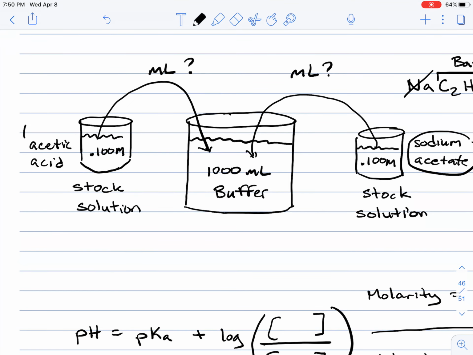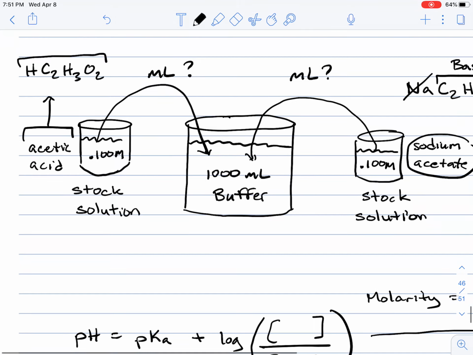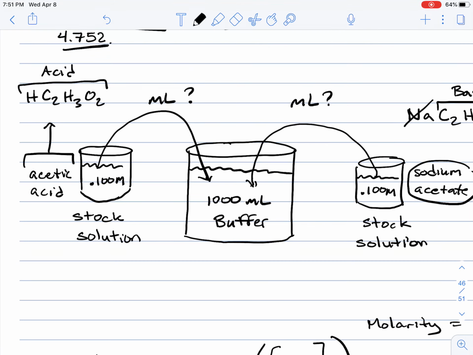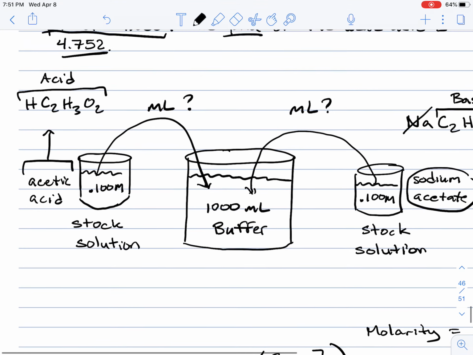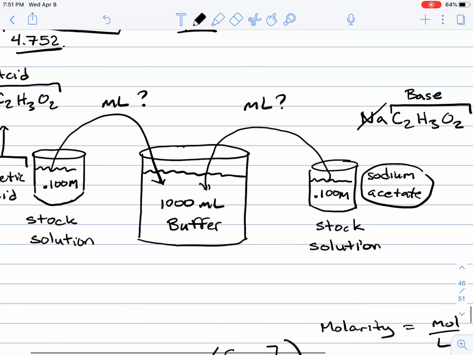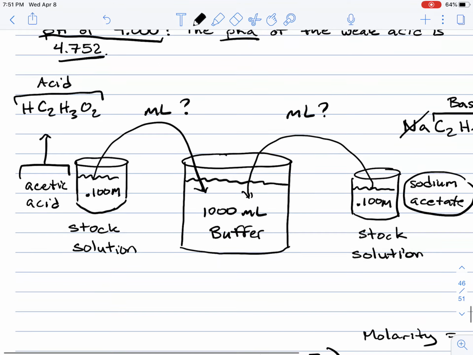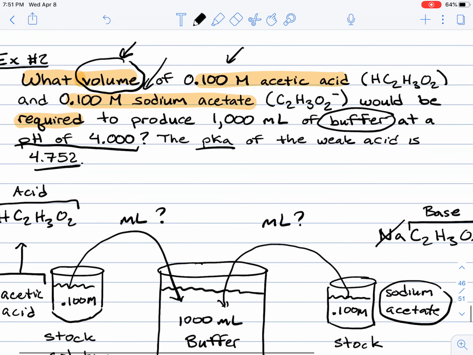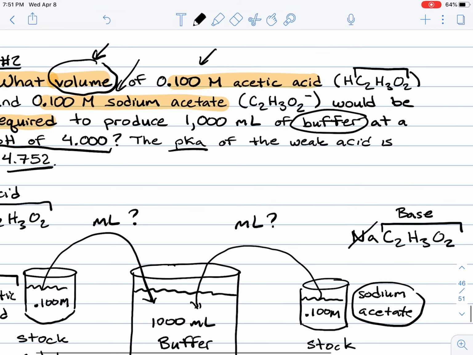Now acetic acid is going to be HC2H3O2. And this whole item is going to represent our acid. Because with acetic acid and acetate there are a lot of elements and numbers to write, I'm going to create some abbreviations. I'm going to abbreviate the acetate portion as simply AC. So AC is representative of the acetate portion.